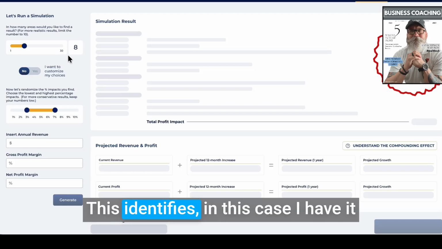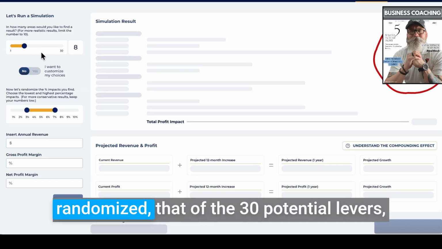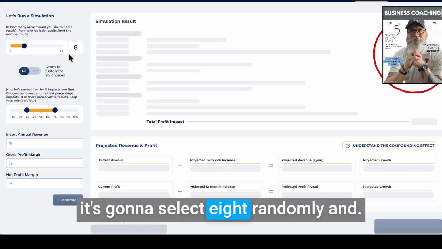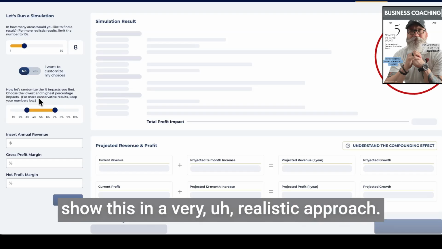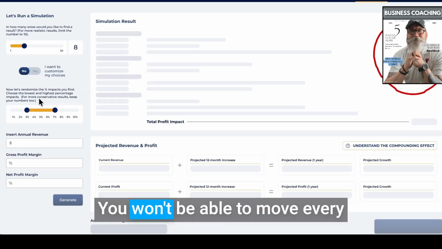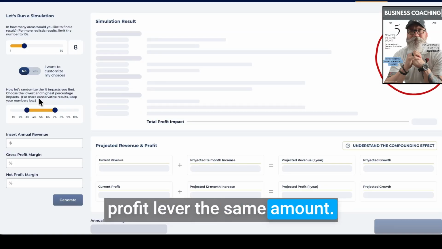This identifies, in this case, I have it randomized that of the 30 potential levers, it's going to select 8 randomly. And randomly, again, because I want to show this in a very realistic approach. You won't be able to move every profit lever the same amount.